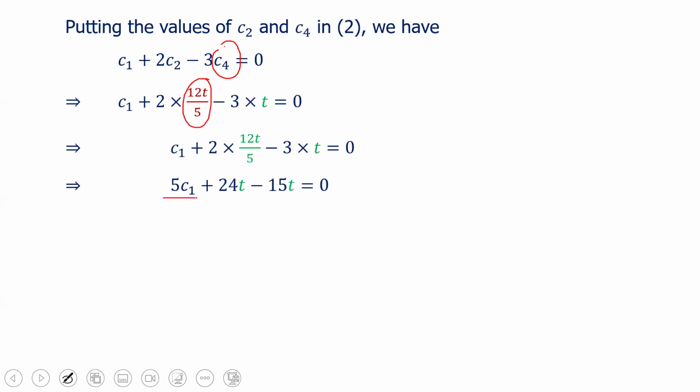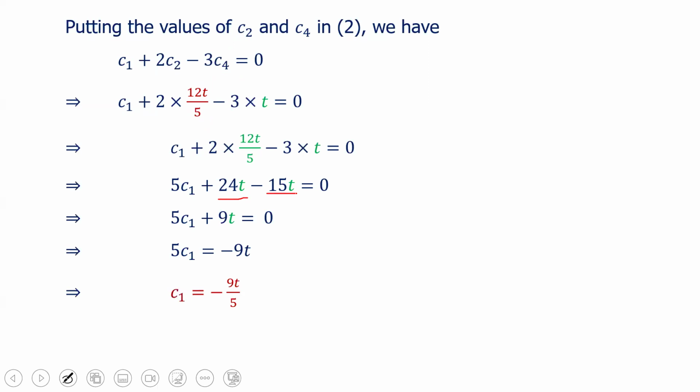So 5C1 plus 24T minus 15T equal to 0. 24T minus 15T is 9T, so 5C1 is equal to minus 9T, which gives us C1 equal to minus 9T upon 5.